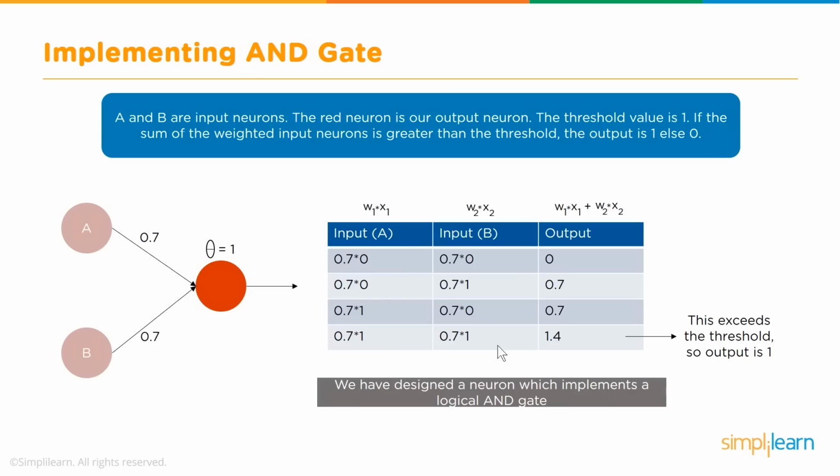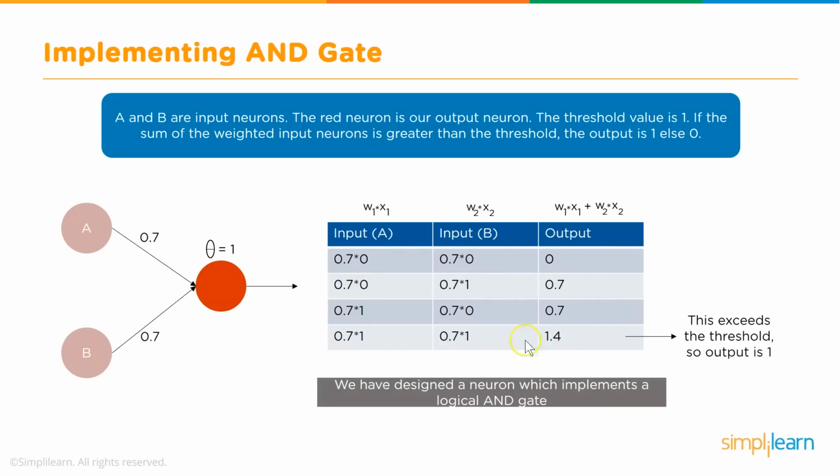So how do we implement this with a neuron? It was found that by changing the values of the weights, it is possible to achieve this logic. For example, if we have equal weights like 0.7, 0.7, and we take the sum of the weighted products, 0.7 into 0 and 0.7 into 0 will give you 0, and so on.